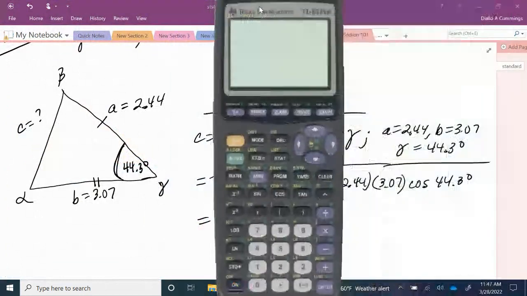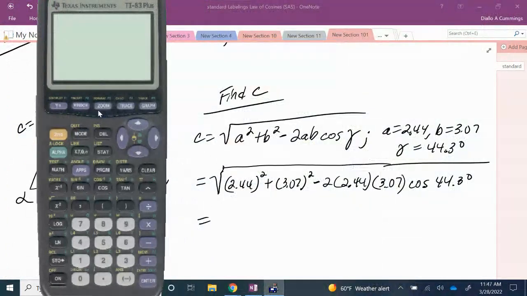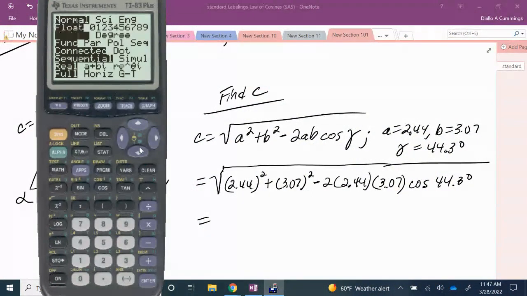First off, let's make sure that we are in the right mode. I want to make sure that I am in degree mode, because I'm given a degree measure. We're given 44.3 degrees.